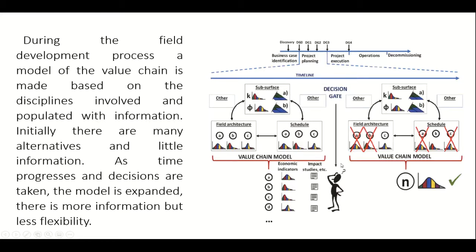But at the same time, you are discarding alternatives that are not feasible or that are not as attractive as others, because they could be less profitable economically, or maybe they're not technologically viable, etc. Until at DG3 you already have a clear plan on how you're going to develop your field, and that's the one that you're going to take forward into the project execution phase.